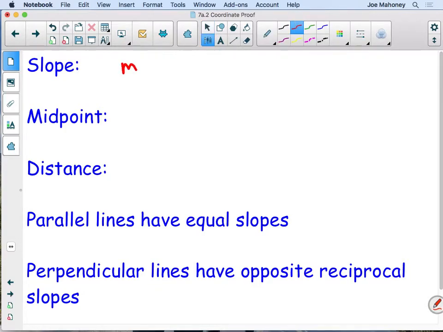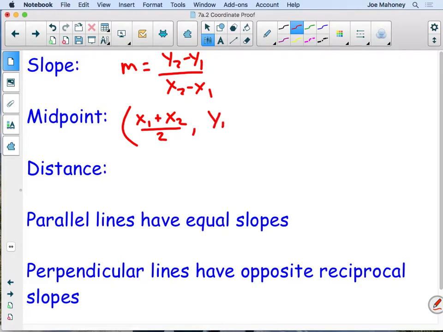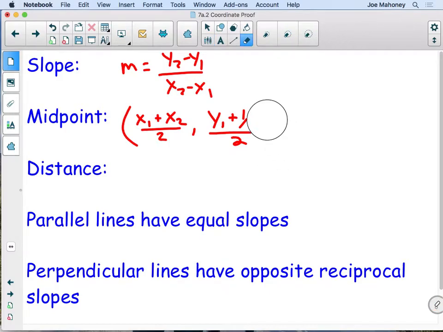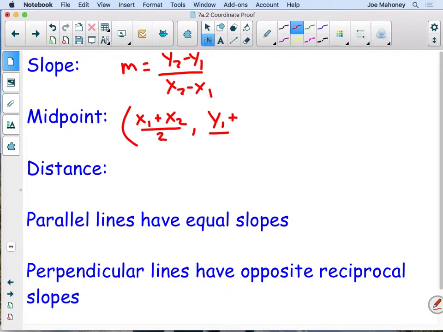Our slope formula, remember, is the change in y over the change in x. Remember that our midpoint formula is basically the average of the coordinates. I like to say you add them up and divide by 2. And that looks like a 1/2 on top, with y1 plus y2.